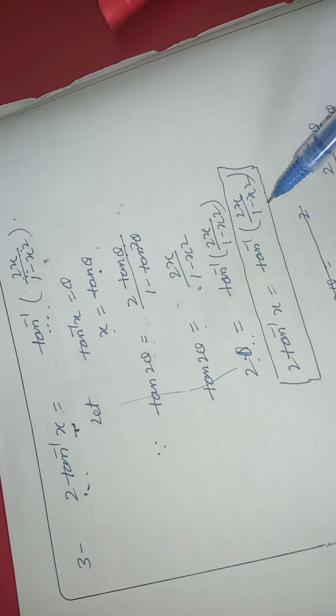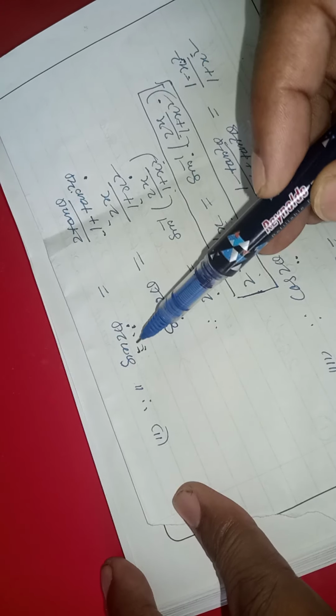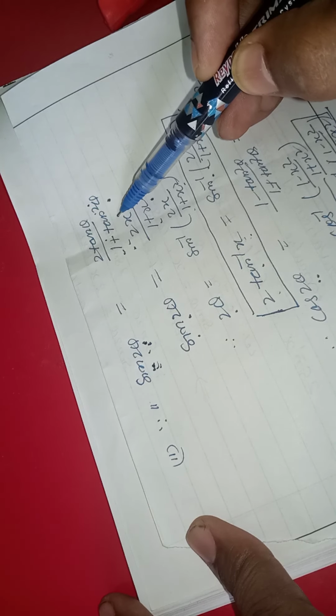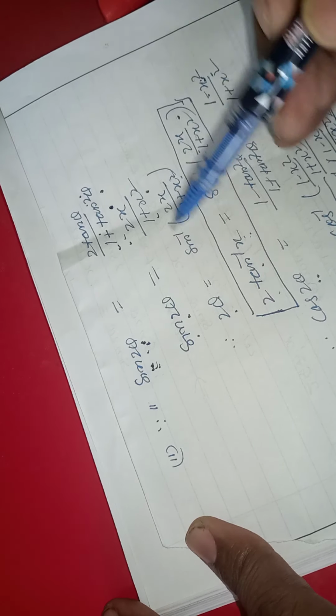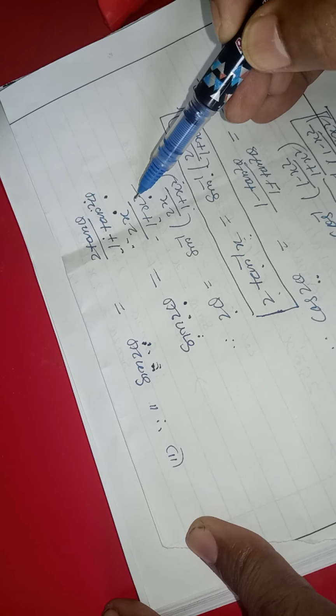This is the value of 2 tan inverse x in the form of tan inverse, and 2 tan inverse x can be written in the form of sin inverse and cos inverse also. For this we know that sin 2 theta is equal to 2 tan theta upon 1 plus tan square theta, and by putting the value of tan theta we get sin 2 theta is equal to 2x upon 1 plus x square.